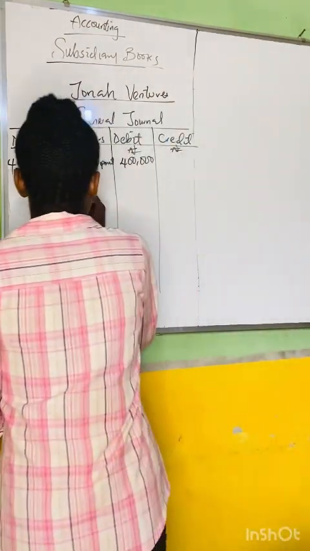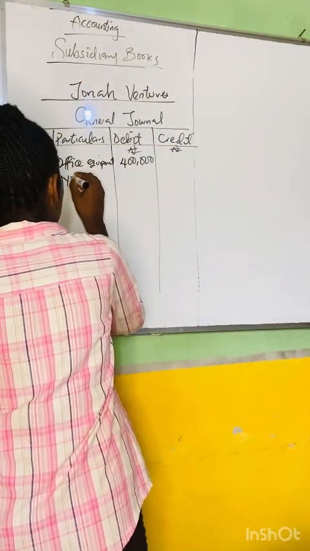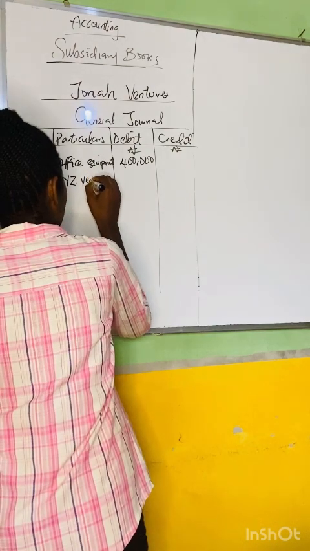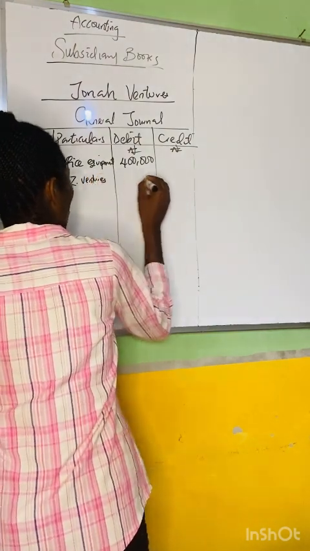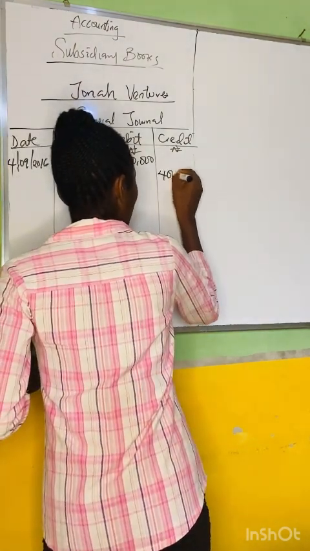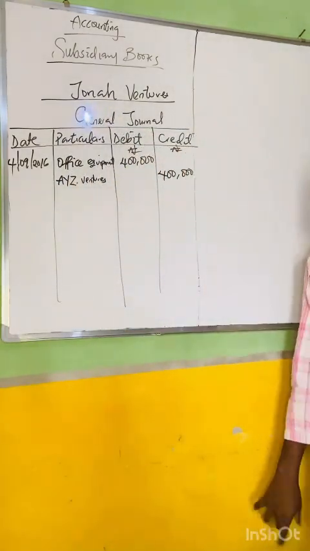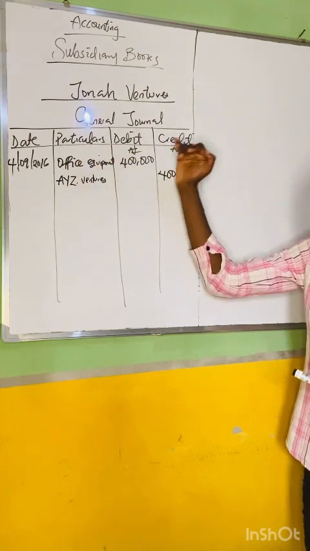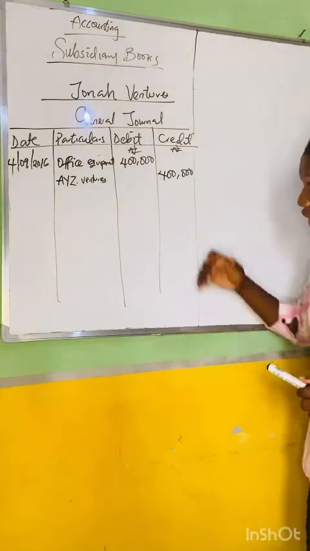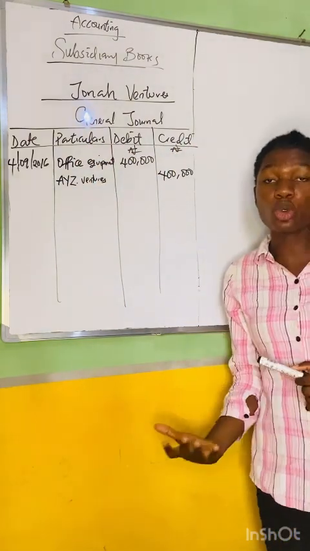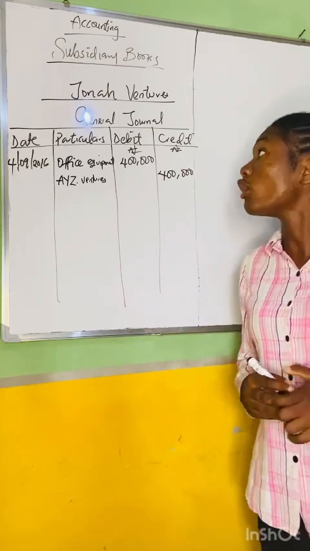So AYZ Ventures will be credited with the amount of 400,000 naira. So when we have entered the account to be debited first, and the account to be credited, we will now make a simple explanation of what happened.